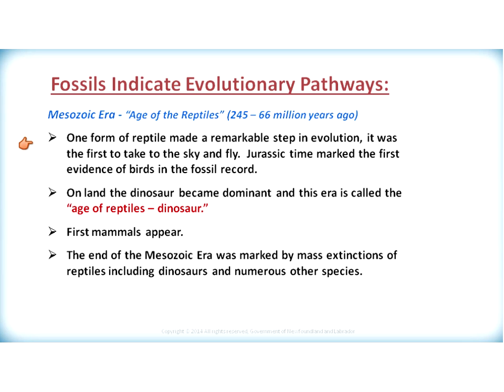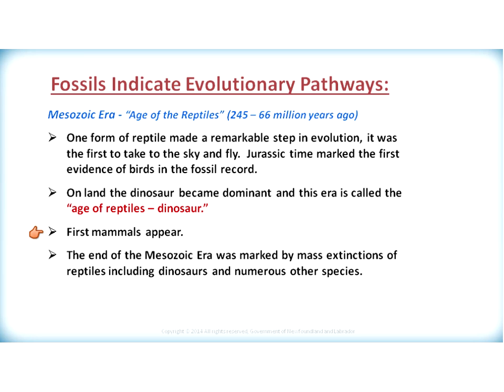One form of reptile marked a remarkable step in evolution. It was the first to take to the sky and fly. Jurassic time marked the first evidence of birds in the fossil record. On land, the dinosaur became the dominant species, and hence this era is called the age of the reptiles, and some call it the age of the dinosaur.